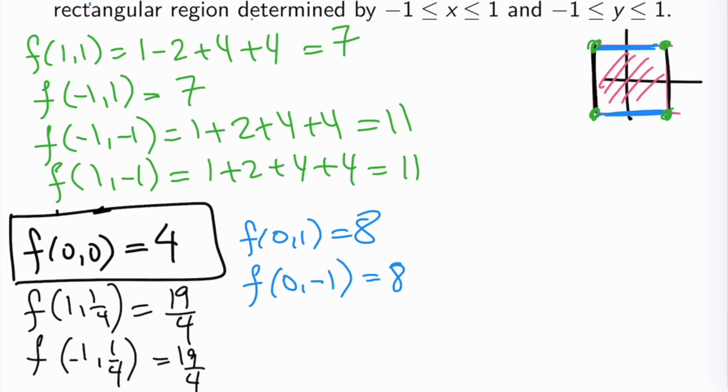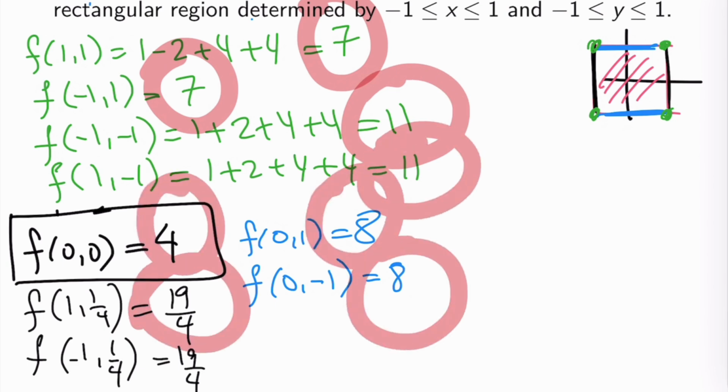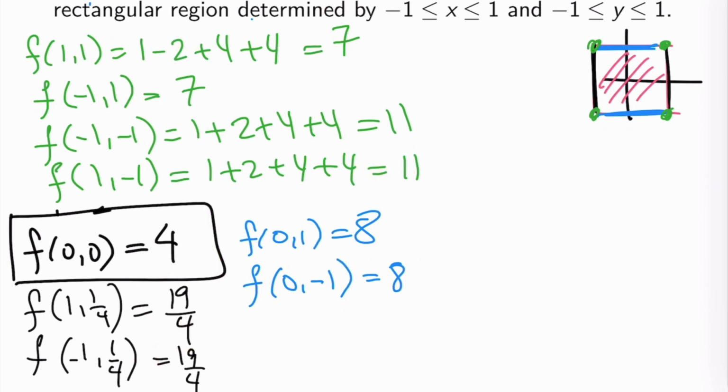So the candidates to be extreme are the possible values 7, 7, 11, 11, 4, 8, 8, 19 over 4, and 19 over 4. So we just have to compare them and decide what is the smallest and the biggest one. Of all these numbers, the biggest one is 11. So the maximum is at these two points.